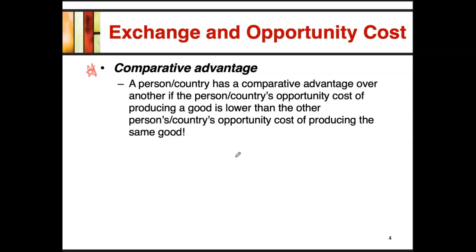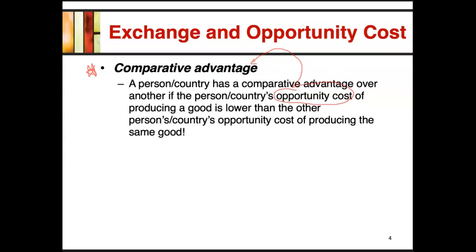Using the concept of opportunity cost, a person or a country has a comparative advantage over another if its opportunity cost of producing a good is lower than the other person's or country's opportunity cost of producing the same good. The key word is opportunity cost. Every time we talk about comparative advantage, think of opportunity cost.